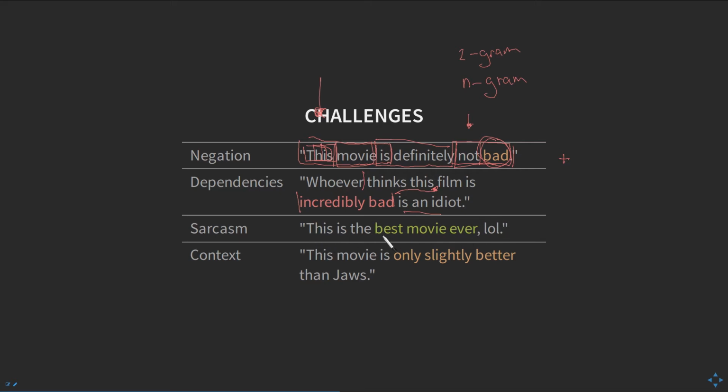So just looking at single tokens or grams, we might say that, okay, it says best movie ever here, right? So this must be a super positive review. But actually this one over here might betray the fact that it's meant as being sarcastic. I mean, it's not a guarantee, but it might give us some strong signal that maybe this person is not being very honest.